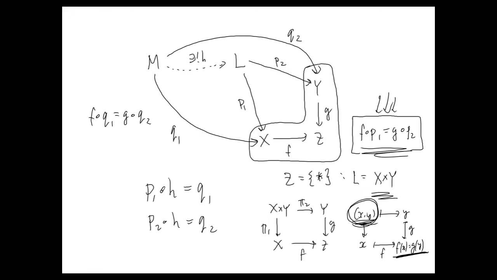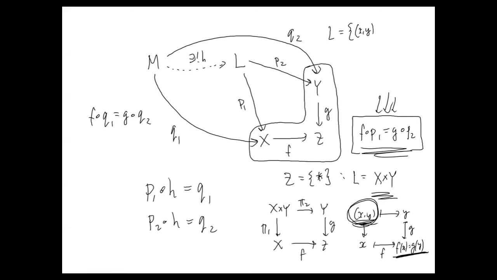It has a very, very simple answer. For which pairs x, y is it true that f(x) equals g(y)? What kind of pairs should I put in L so that at least I get the cone condition satisfied?